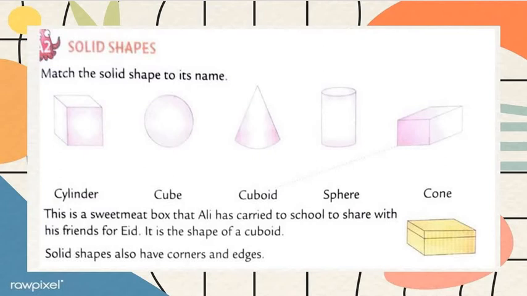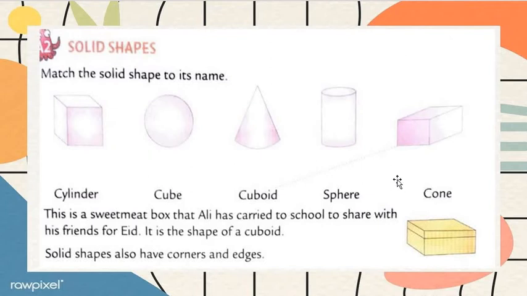We have already done this, but now I am telling you, my dear students, that we have to match as part of the exercise in the exam too. In the exam, you only have to identify this type of sum. So you must be prepared for all these things. Cylinder, cube, cuboid, sphere, and cone.